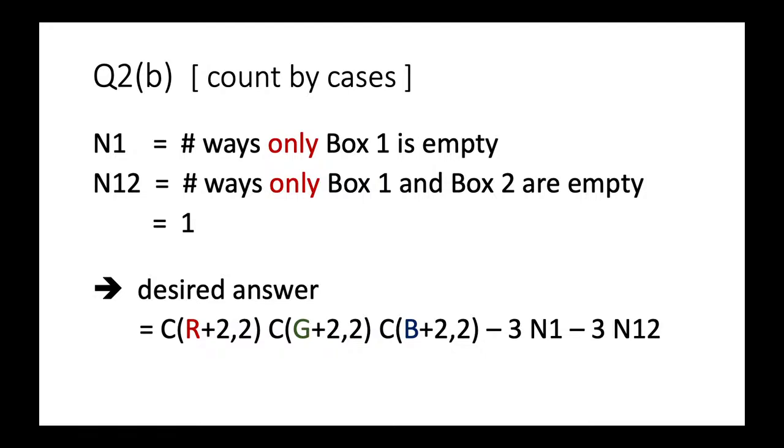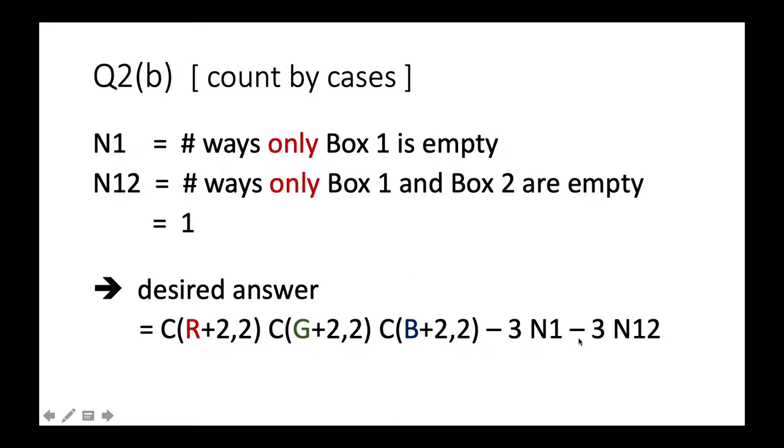But things are quite symmetric. The number of ways that only box 1 is empty is the same as the number of ways that only box 2 is empty, and the same as the number of ways that only box 3 is empty. So from the previous answer, we should deduct 3 times N1.